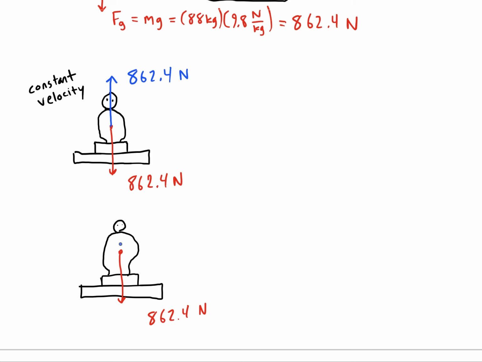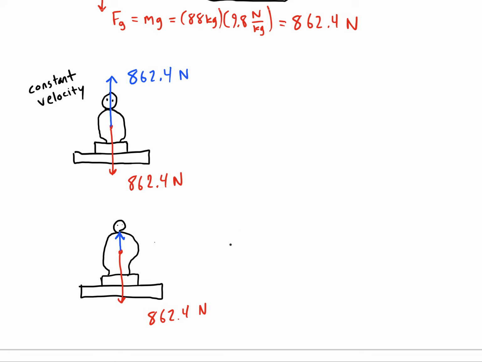Now we have to drop that upward force down to a lower level. And that'll cause deceleration. It's not quite like free fall because the upward force doesn't go down to zero. If it went to zero, your scale would read zero. But it just goes down.